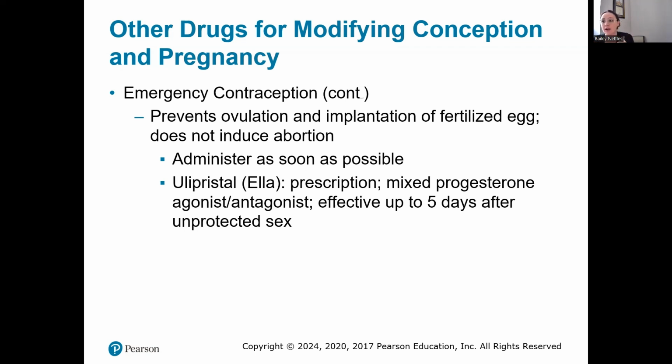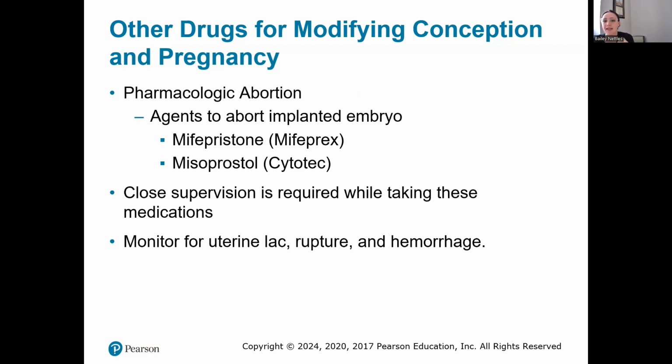So then we have our medications that can cause abortions, and these are used rarely. Okay, this is for when you have an implantation in the wrong place, the fetus isn't viable, things like that. So misoprostol and mifepristone are used. You really need to monitor these patients while they're taking it.